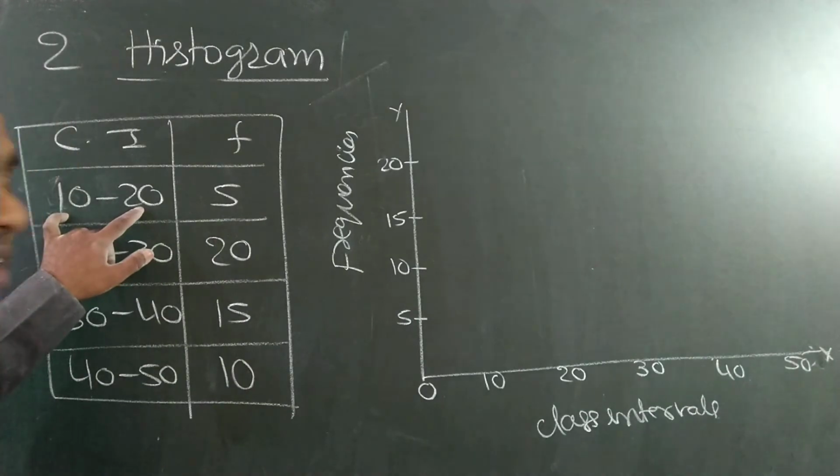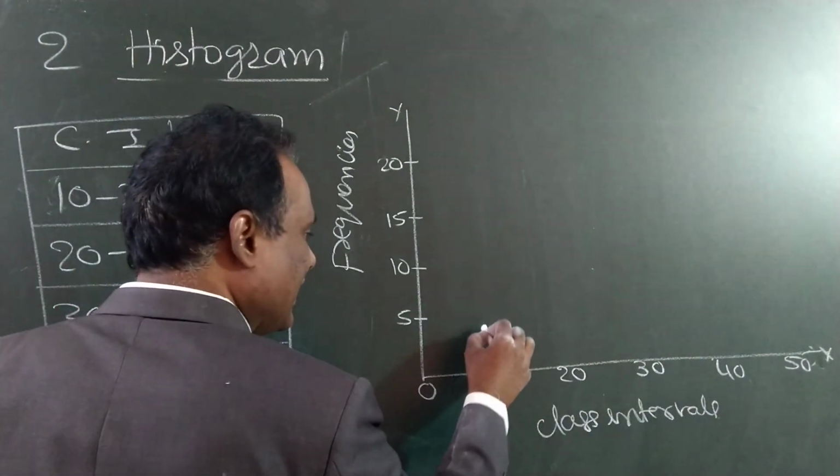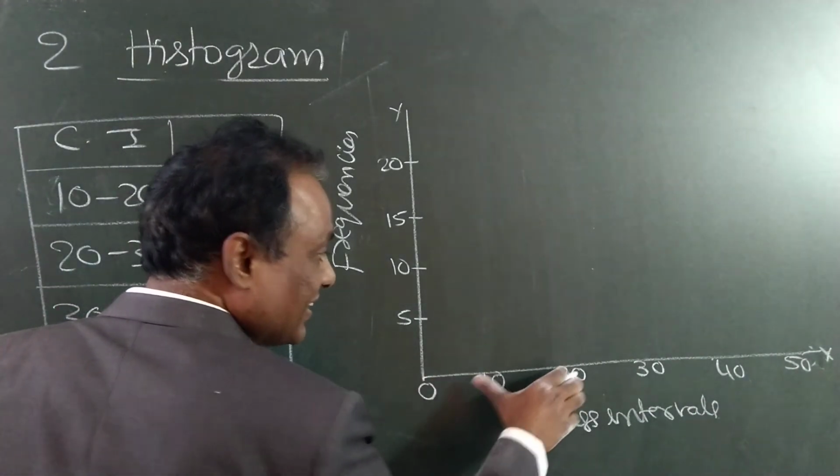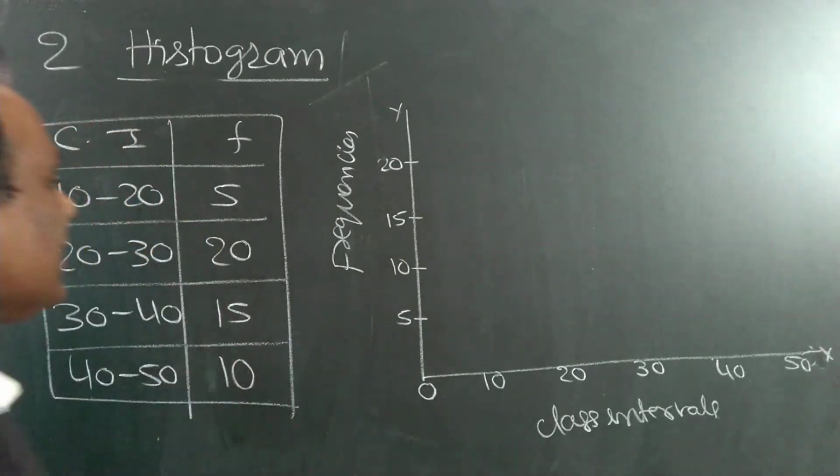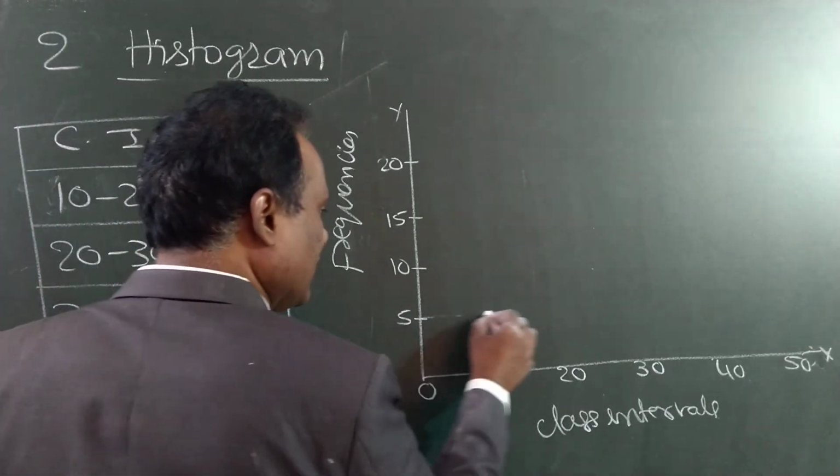Students, the 10 to 20 class. You start a rectangle taking this 10 to 20 width up to 5. See here, up to 5.